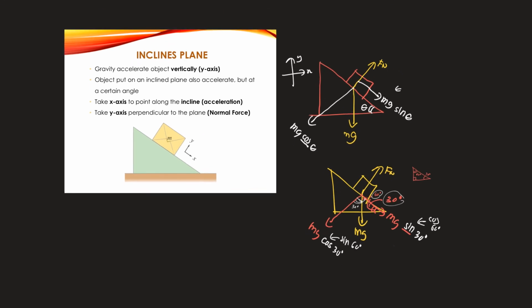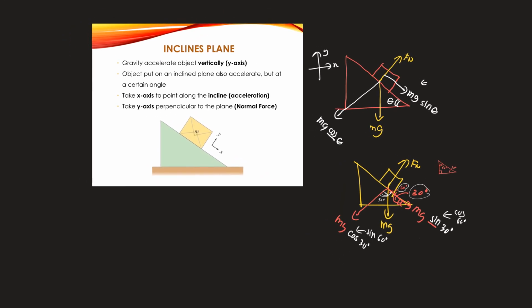Once you finish the diagram, you need to come up with the equations, separating that into x component and y component. For the x component, for example, the box is moving downward. Anything that follows the direction of acceleration, just put it as positive.